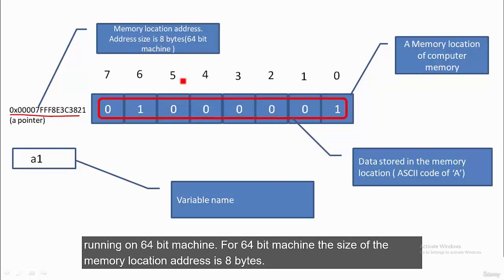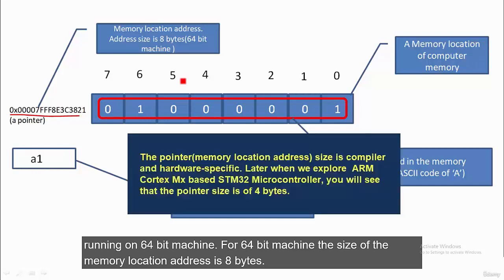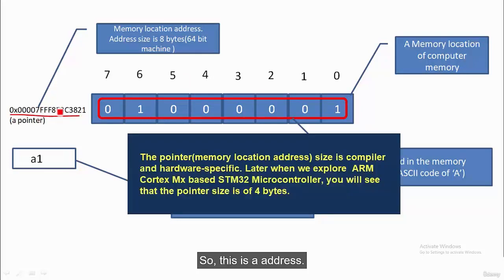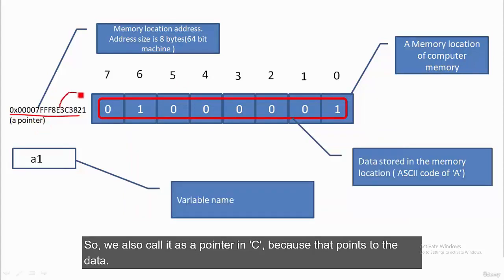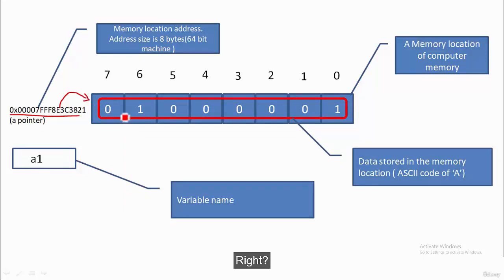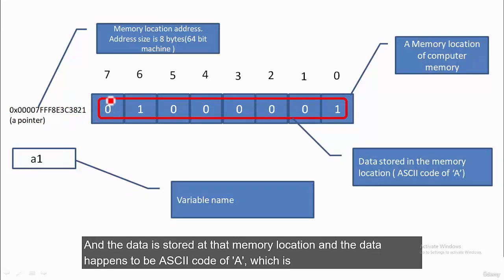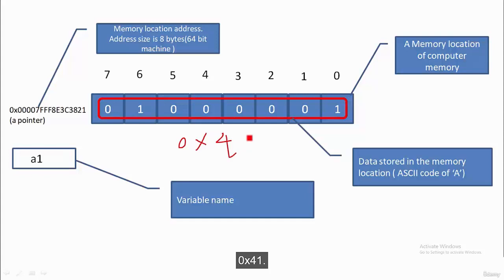For a 64-bit machine, the size of the memory location address is 8 bytes. We also call it a pointer in C because it points to the data, right? And the data is stored at that memory location, and the data happens to be the ASCII code of A, which is 0x41. Let's go back to the project.